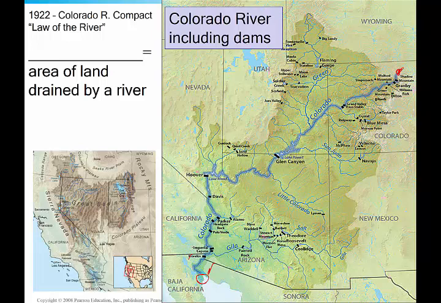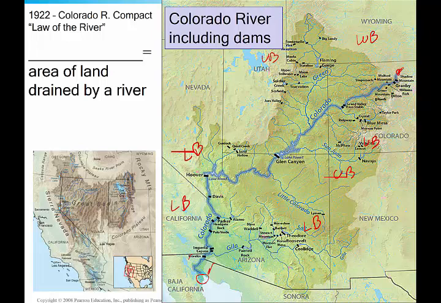The upper basin consists of Utah, Wyoming, Colorado, and New Mexico. These are considered the upper basin. The lower basin states are California, Nevada, and Arizona.